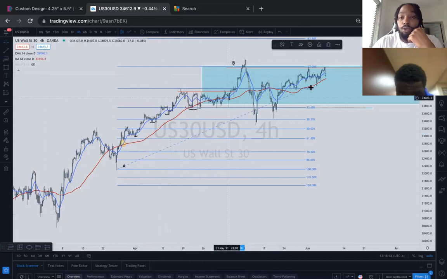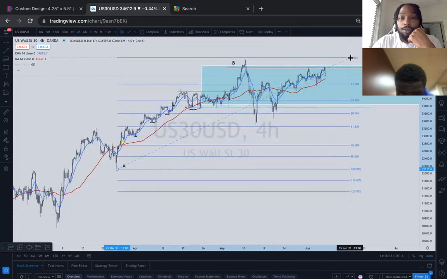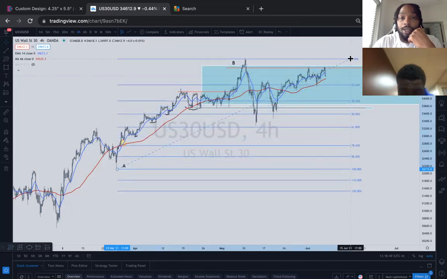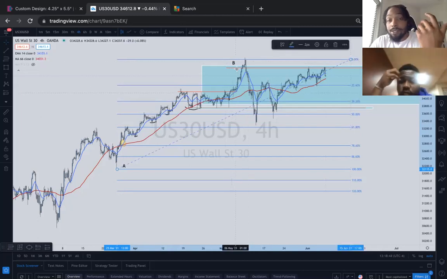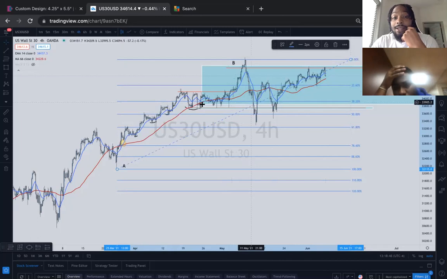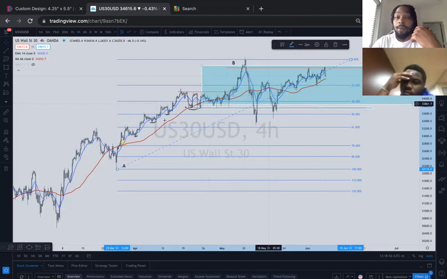So then you move your zero up to somewhere like the median of those wicks. And then what happens is it'll come back and test that same area of support, right? That same area of support that was once that 23.6, but now it's a 38.2 based off this point B, based off this push, because this is the whole push.